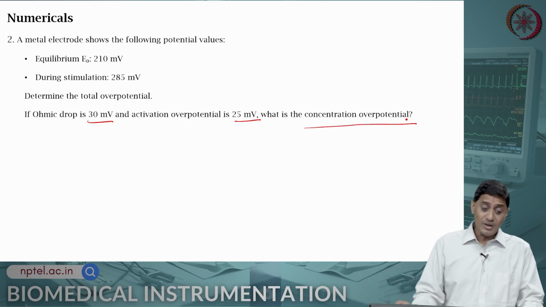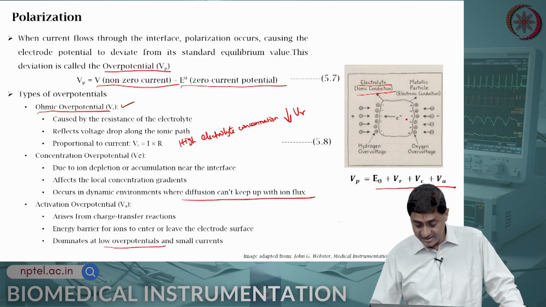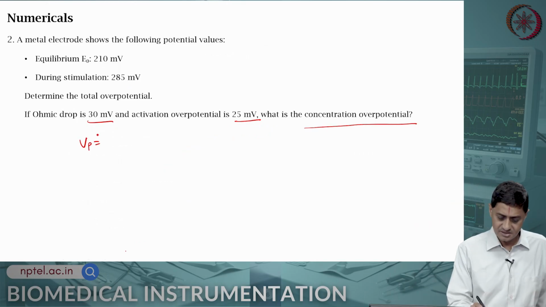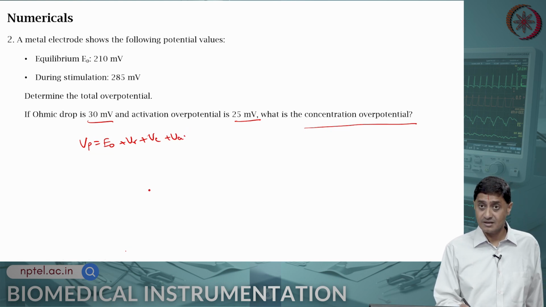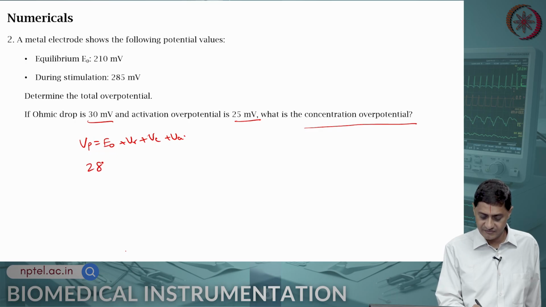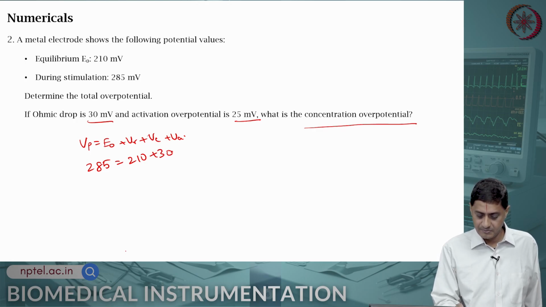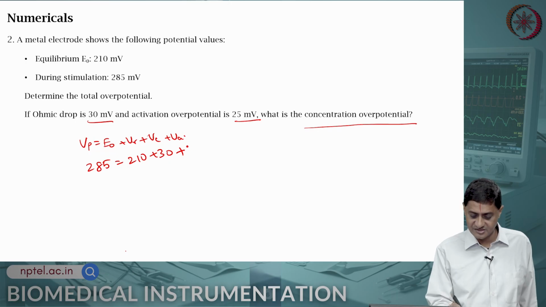Well, let us go back to the previous slide that says Vp is E naught plus Vr plus Vc plus Va, is it not? The question is, what is Vc in this? Vp is the potential measured during stimulation, that is 285, equal to E naught 210 plus the ohmic overpotential Vr, which is 30, plus Vc, which I do not know, plus Va, which is 25 millivolts.